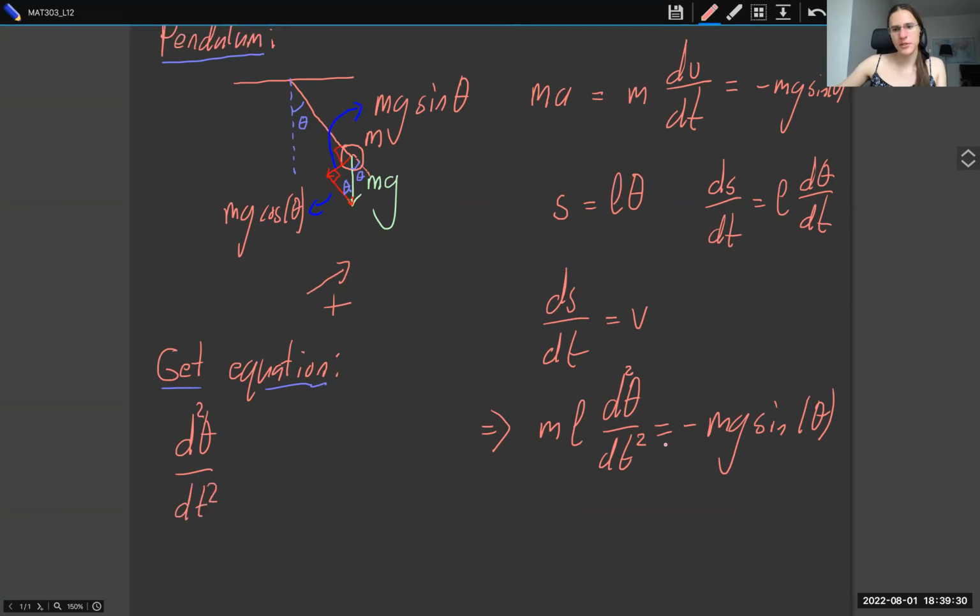And then I'm going to bring this over and divide by L. And then we have sine theta.